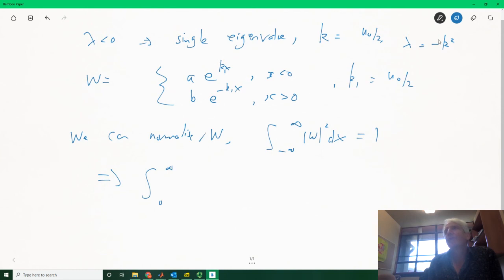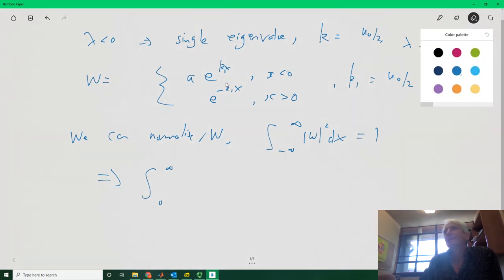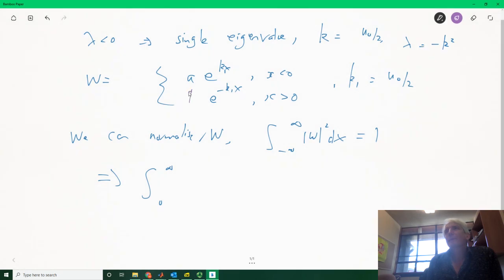Here I put b, but obviously it's a, because we know b is equal to a. So we take half of it, since it's symmetric.